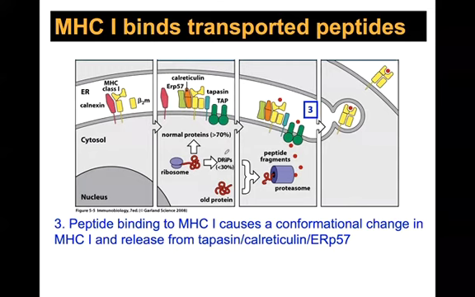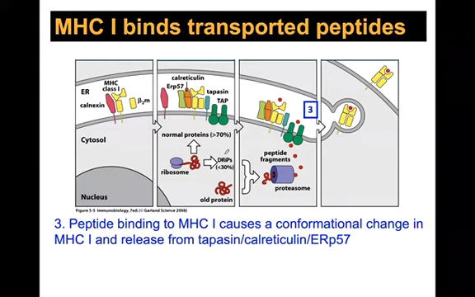So now you feed these peptides through the proteasome, and those are degraded and transported by TAP into the ER, and they can bind to MHC1. When it does that, it causes a conformational change in MHC1, and the chaperone proteins don't bind it anymore.